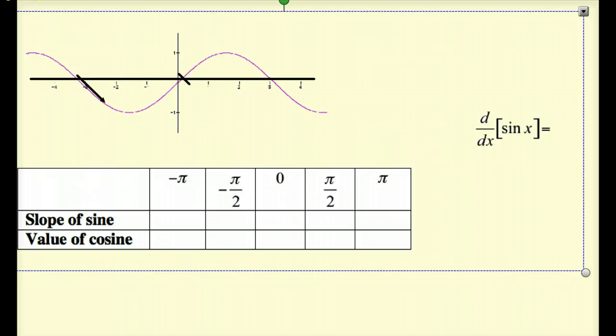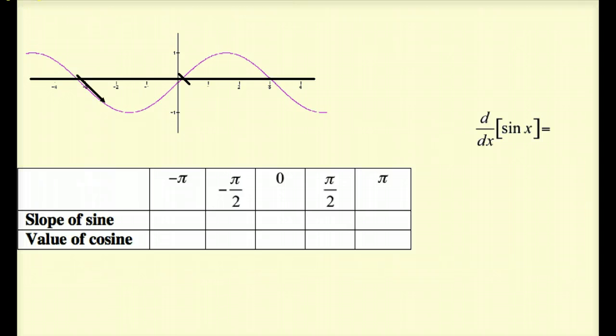So let me do this again. Right here. If I do my delta y over my delta x, it looks like we have a slope of approximately, let's say, negative 1.